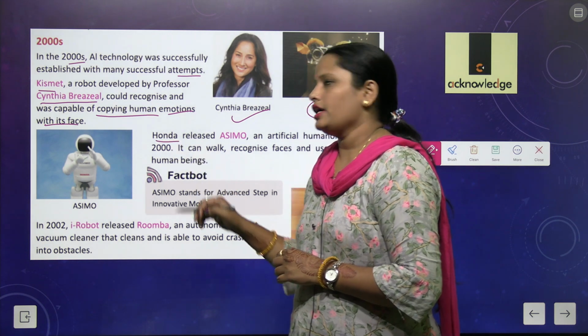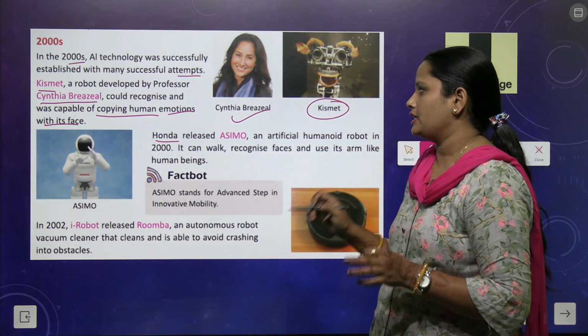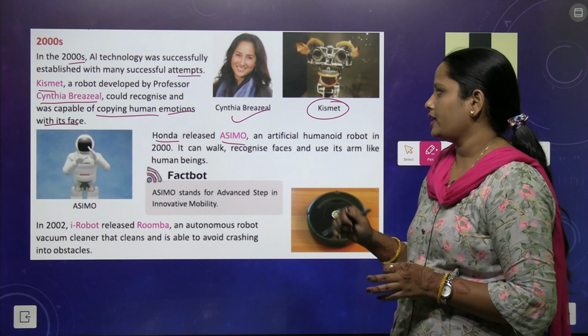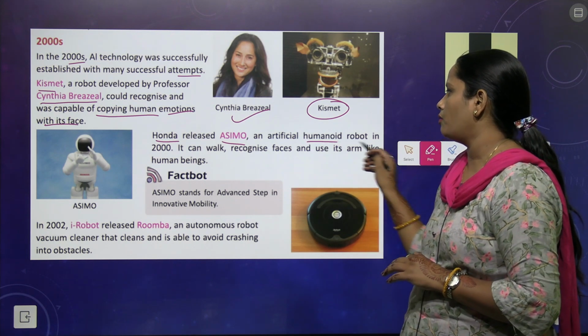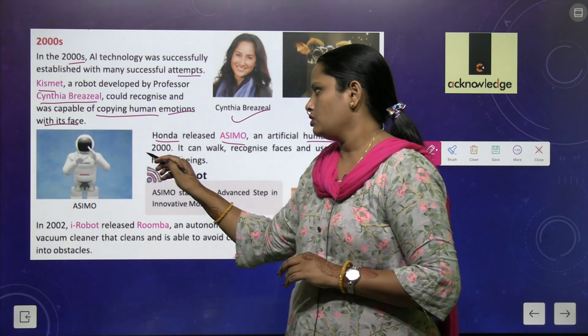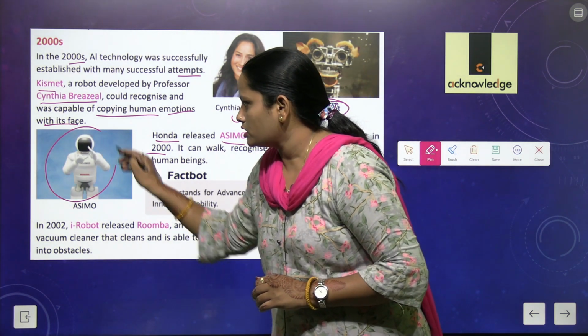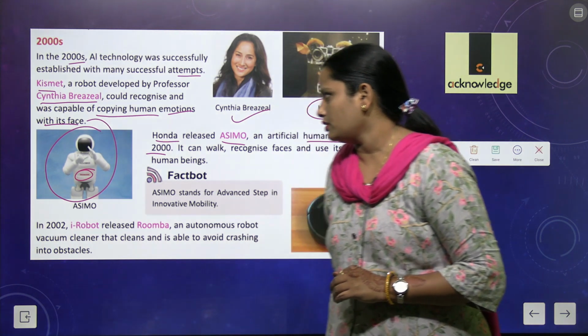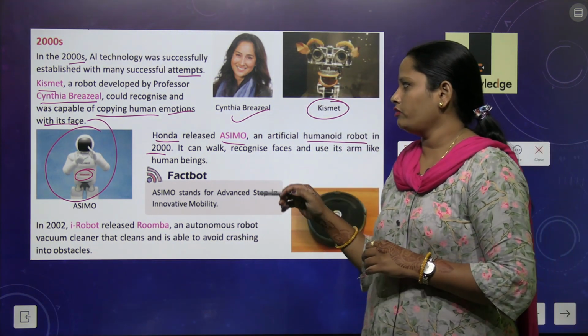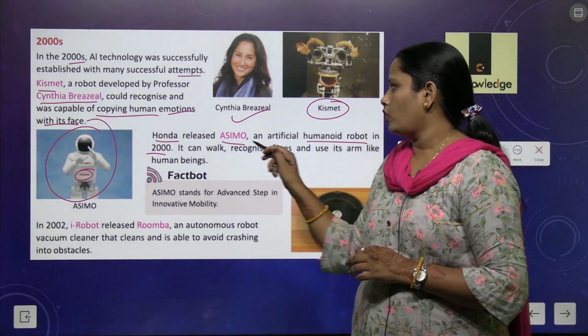Okay. Honda is a well-known company. It released Asimo, an artificial humanoid robot, in 2000. So Honda was also not behind. It also created this robot. Here we can see the name is written Honda. And the name of this humanoid robot was Asimo.